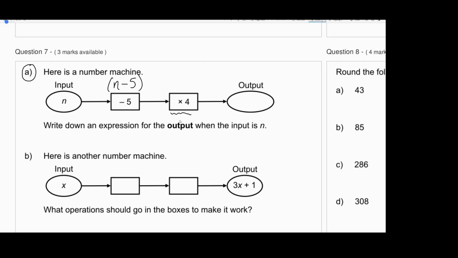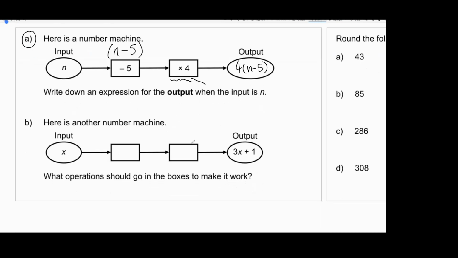So what's that going to be? Yeah, exactly. 4 bracket n minus 5. That's great. Well done, Josh. And then for the second one, we've got 3 times x plus 1. So we're going to times by 3 because that gives us 3 times x, and then we're going to add 1. Okay, brilliant. So that's function machines.